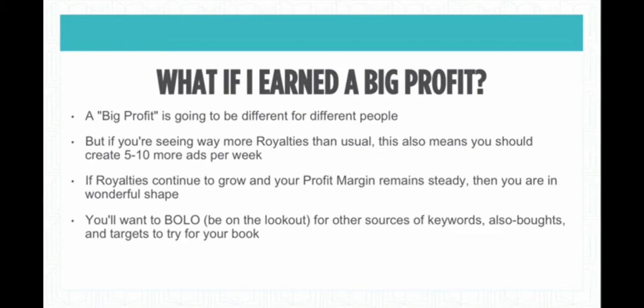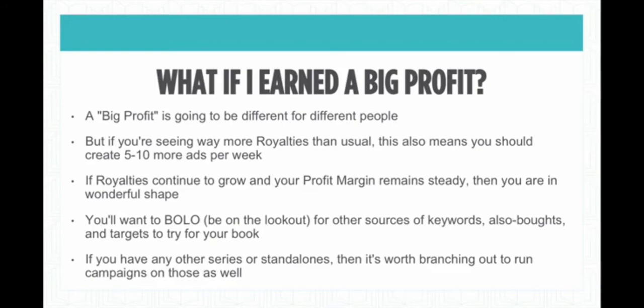Also bots of yourself and other books in your genre, and targets to try for your book, maybe even other categories. Now, if you have any other series, any other standalones, and this one is going well, run ads to those too, just to see how well they do.